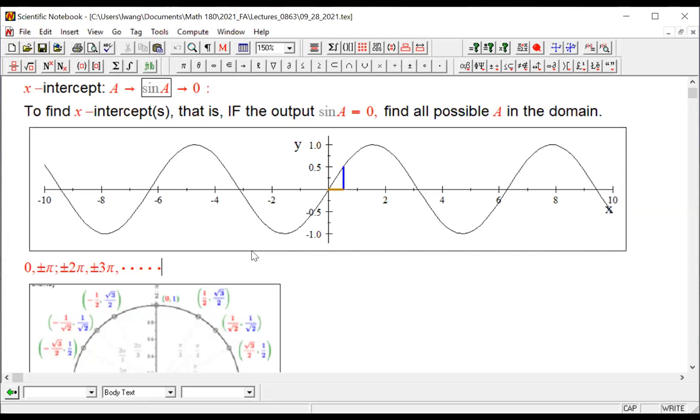What would that be? The x-intercepts will be 0, 0. The proper way to express it: plus pi, minus pi, 0, plus minus 2 pi, 0. These are representing points, and so on and so forth, right?